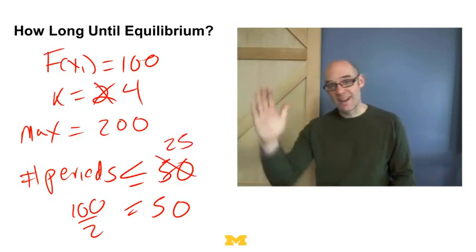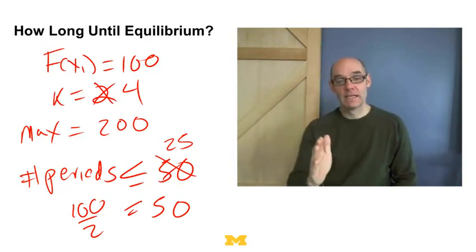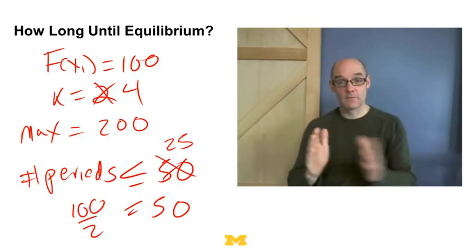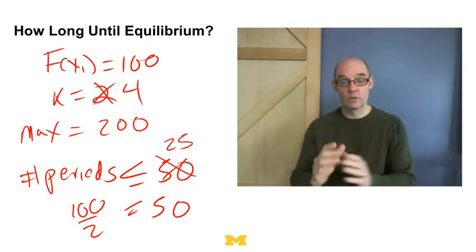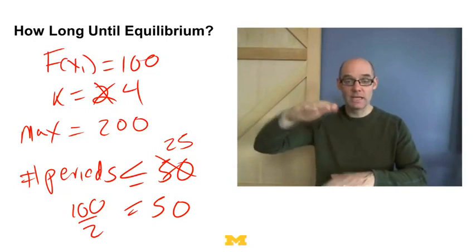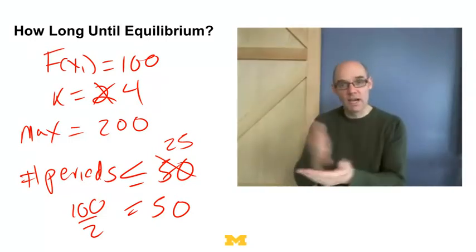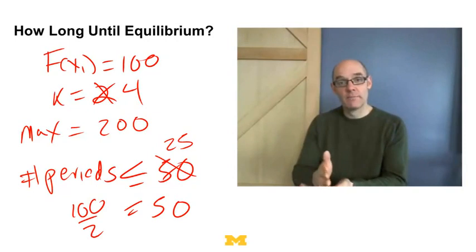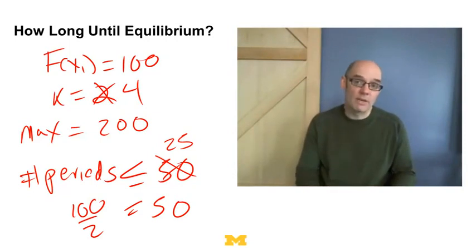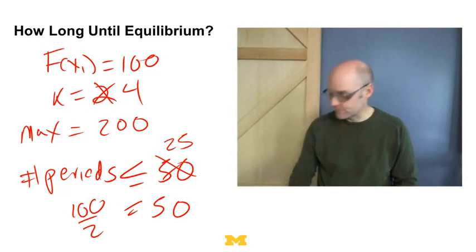So if you want to put as tight a bound as you possibly can on the time it's going to take a Lyapunov process to converge, you want to make k as big as you can make it, and make that maximum value as low as you can make it, and that will help you put a tighter bound on how many periods it's going to take to get to equilibrium. But putting that bound on, once you know k and the maximum value, and you have to know the minimum value as well, the starting value, is really straightforward. It's just some really simple algebra.